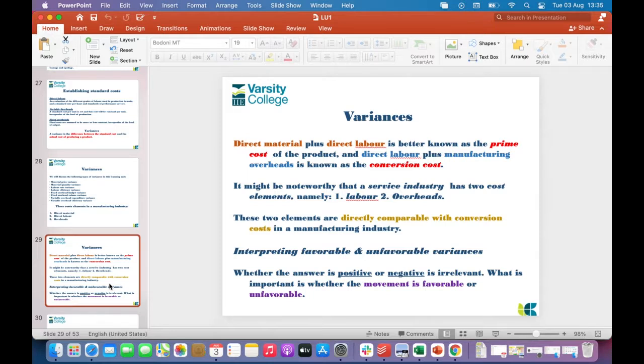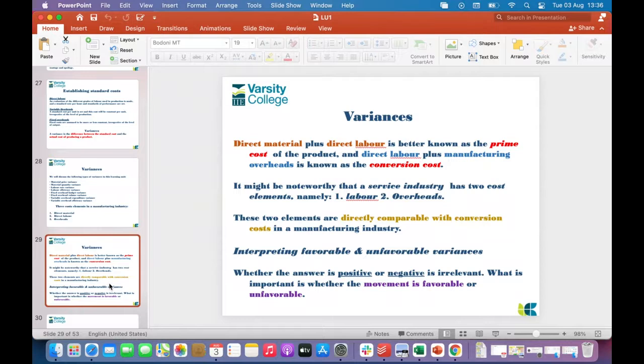It might be noteworthy that a service industry has two cost elements, namely labor and overheads. These two elements are directly comparable with conversion costs in a manufacturing industry.